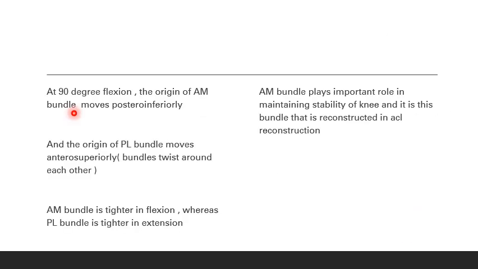At 90-degree flexion, origin of anteromedial bundle moves posterior-inferiorly and the origin of posterolateral bundle moves anterior-superiorly, which means both the bundles twist around each other. When considering the extension, both AM and PL bundles are parallel. When it is at a 90-degree flexion, both AM and the posterolateral bundles are twisted around each other.